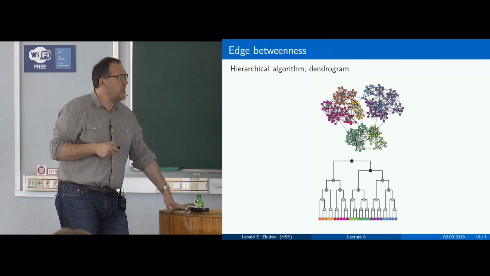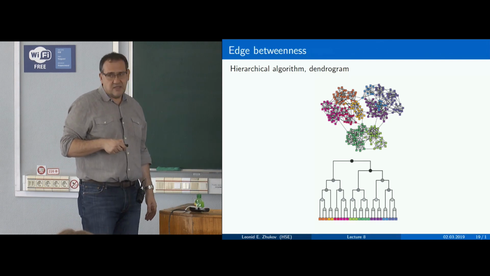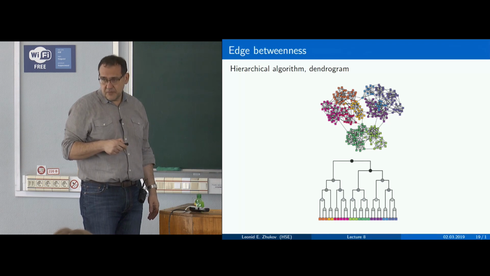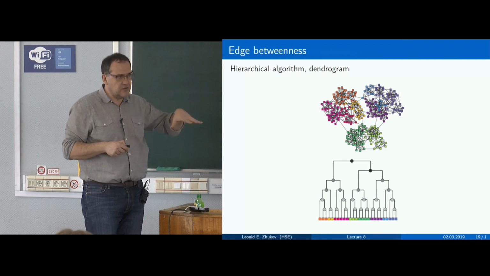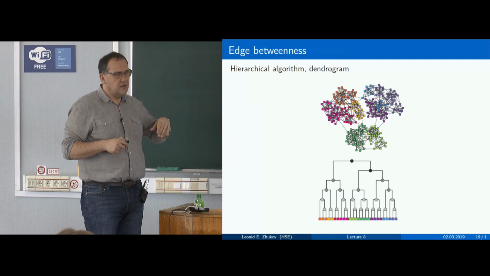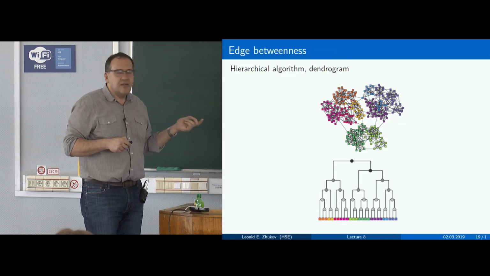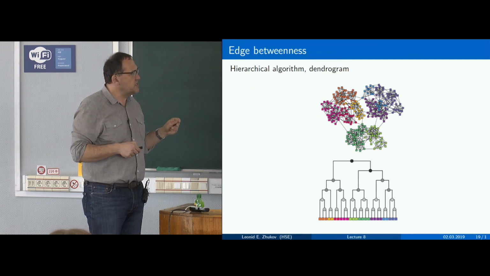Because what really happens with this algorithm is usually you cut out one community that is very well defined, but then you have the rest of the graph. And then you just keep cutting. So it's sort of divide and conquer: you do it once, then you do the same process on each of the subsets you got. But then the question is when to stop. Let's talk about it for a second.